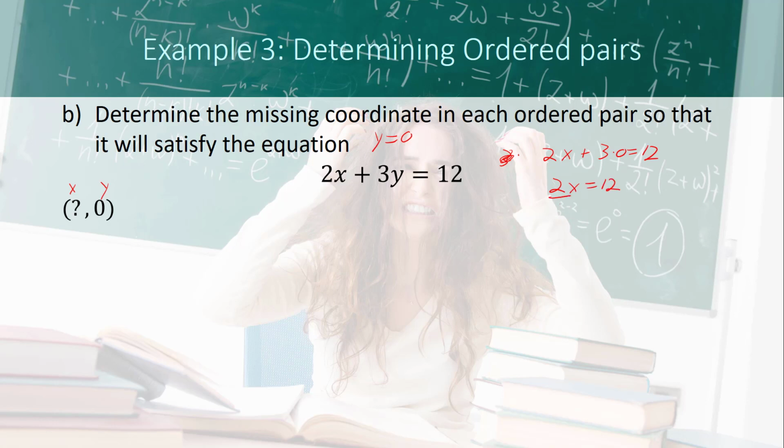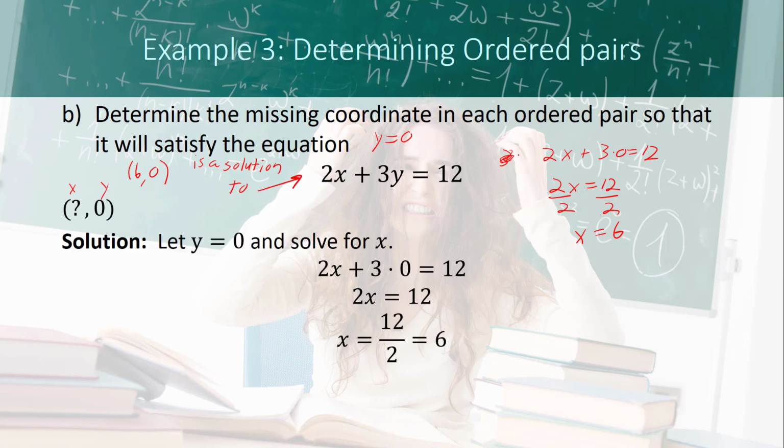We can divide both sides by 2. And we will have that x is equal to 6. That basically means that the ordered pair (6, 0) is a solution to this particular equation.